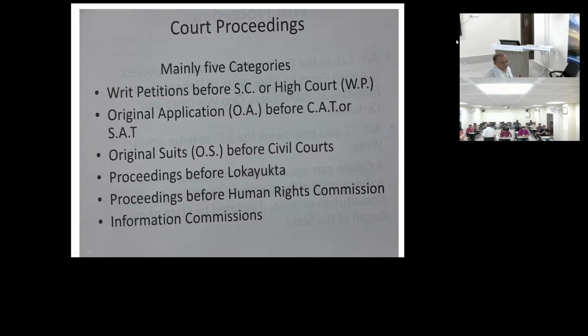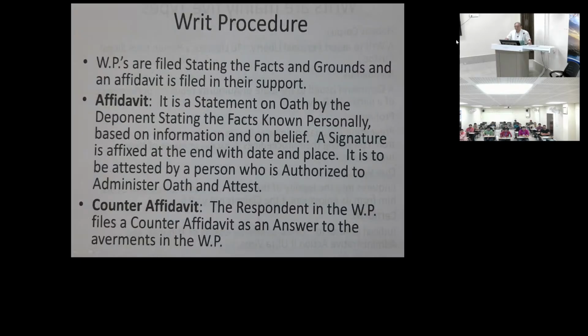Original application. In the tribunal. Then civil courts, it is क्या है? Original suits. Lokayukta proceedings. Then Human Rights Commission, yes. Then Information Commission, same. ये सब सही है क्या?